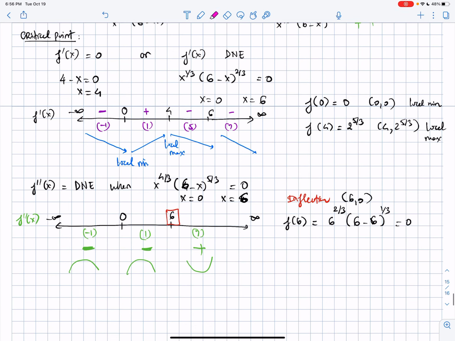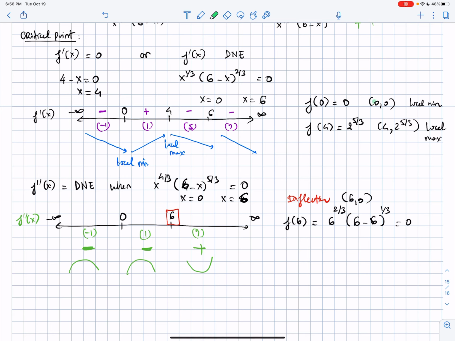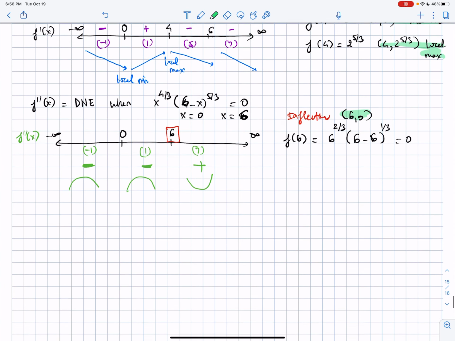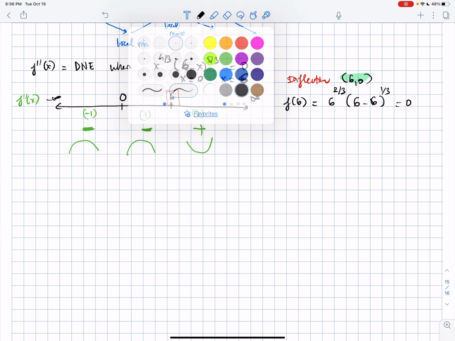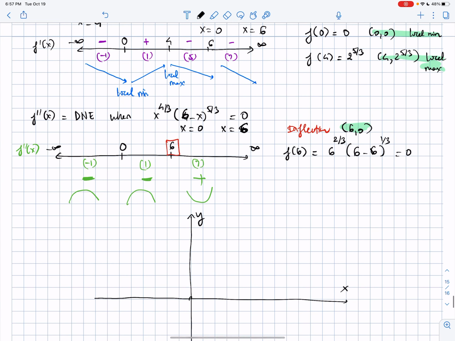Okay, so we got this information for the local min, local max, and the inflection point. Now let's go ahead and make the graph for this function. Let's put in the point (0, 0).